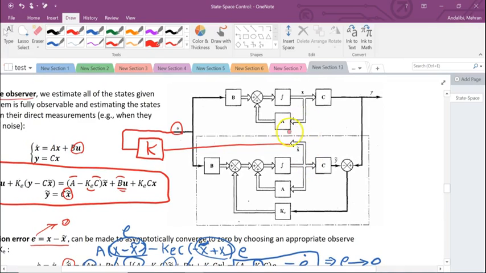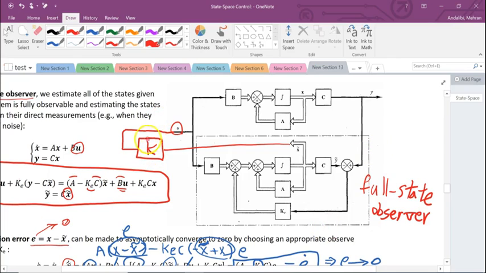So this is the diagram of a full state controller with full state observer. This guy down here is your full state observer, inside this box.